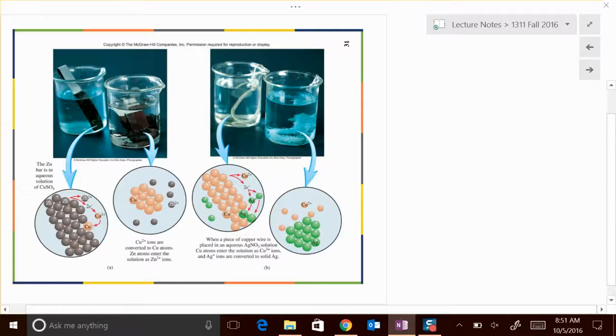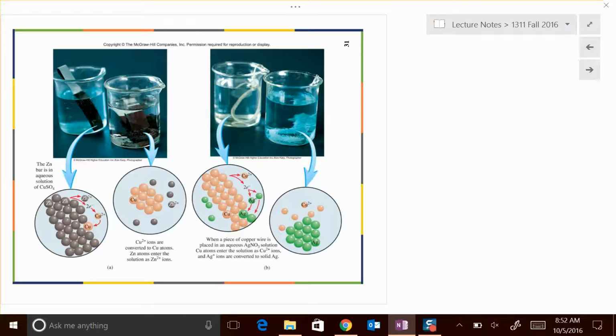Okay, so here we can see we have some zinc in a copper sulfate solution. Okay? The solid piece of zinc, see the zinc atoms, they're all together, they're solid. Okay? Well, zinc has less of an affinity for electrons than copper.